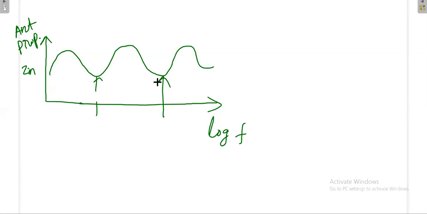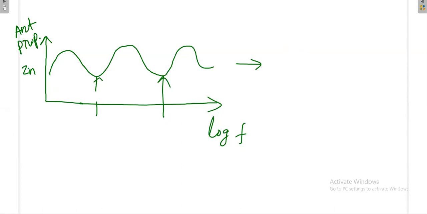That's why this is called a log periodic antenna. Also the bottom axis is in terms of log. You cannot take ordinary frequency, you take log frequency, because this antenna is working over a large range of frequency. So due to this nature, this is called a log periodic antenna.